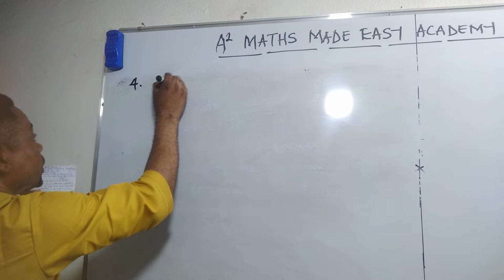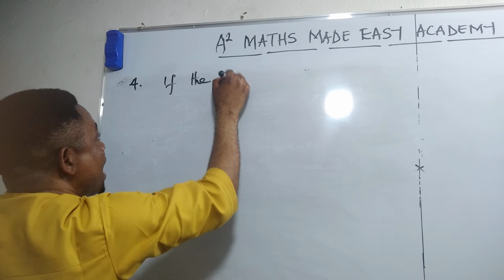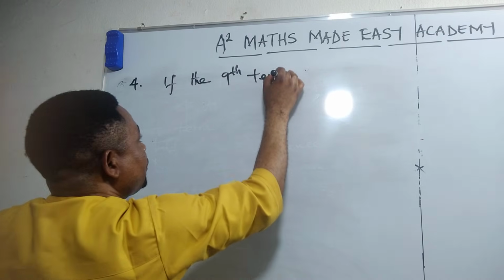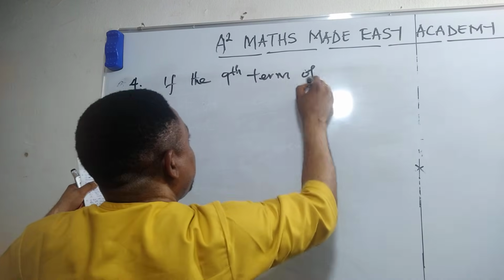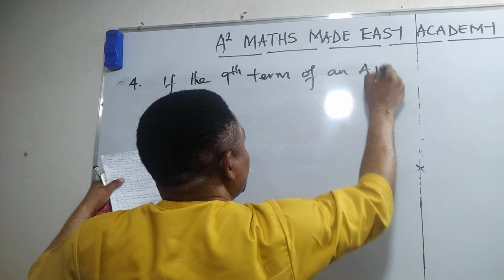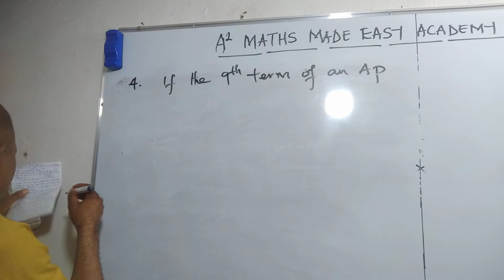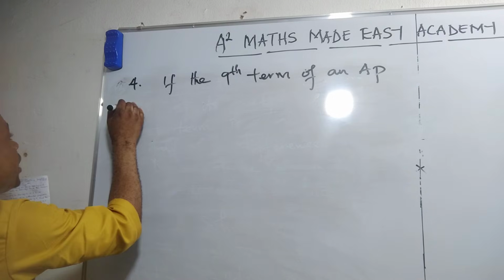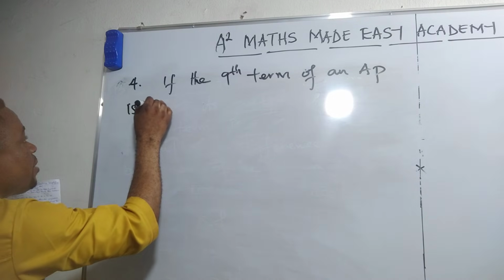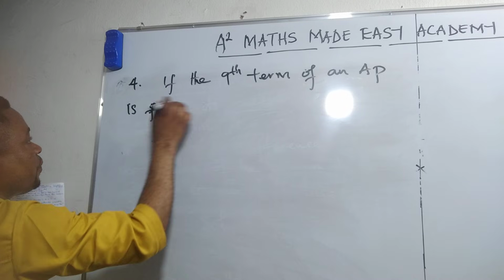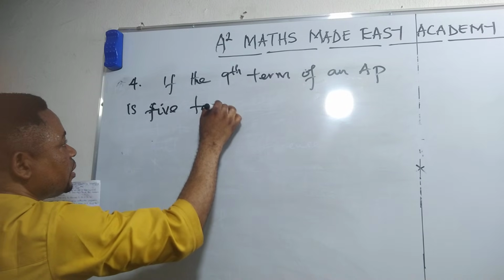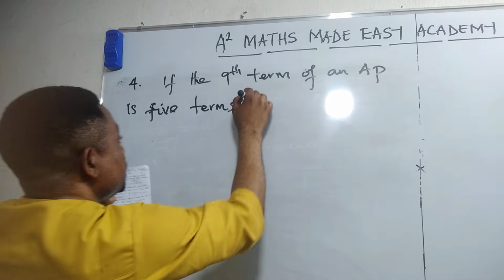What is the question? If the ninth term of an AP is 5 times the 5th term.